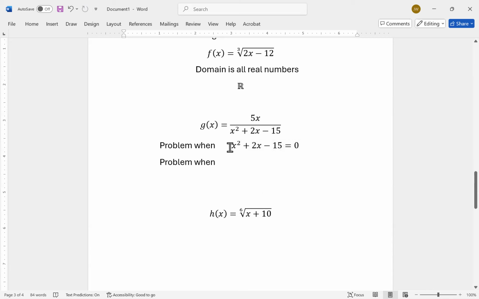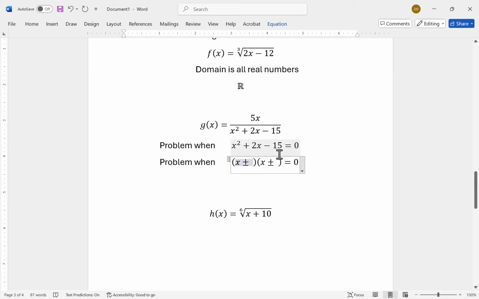Basically, if I have a 1 in front of my x squared, I know that I can factor into x plus or minus something, times x plus or minus something. The two numbers in here are going to have to multiply to give me negative 15 and add to give me a positive 2.